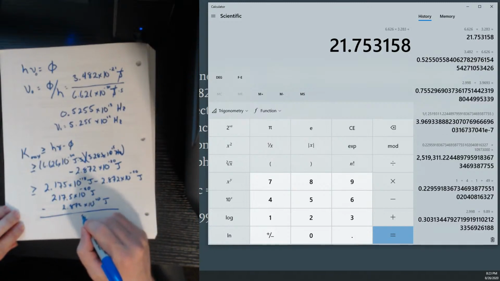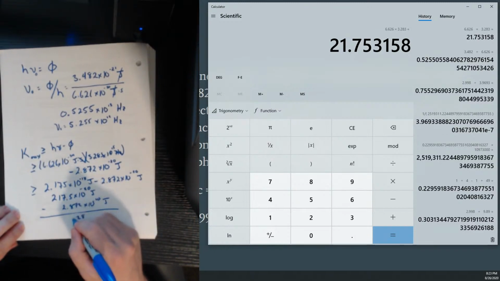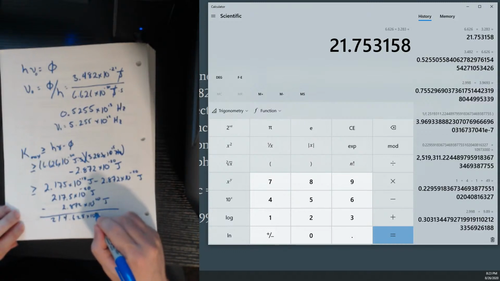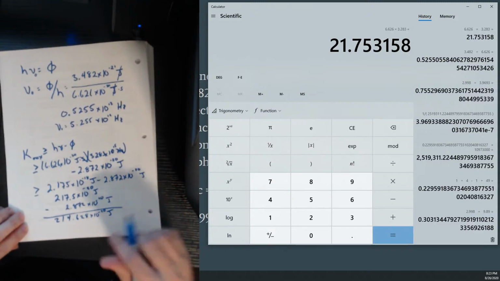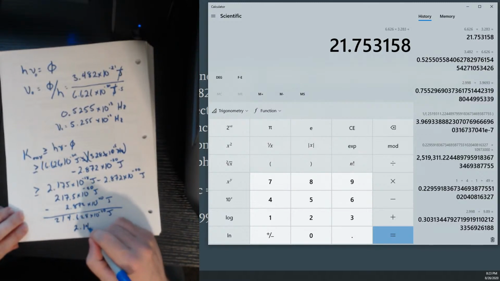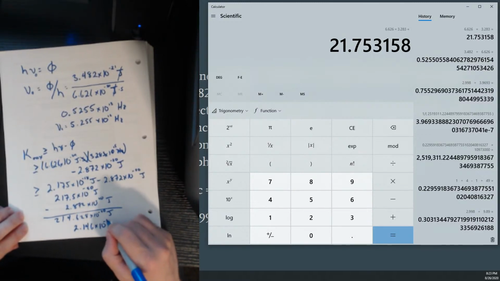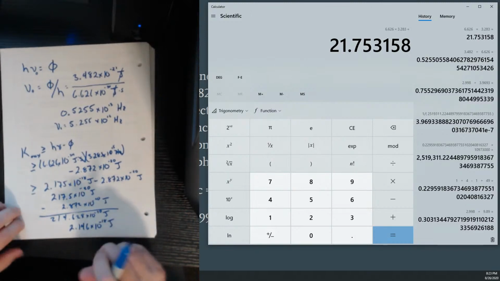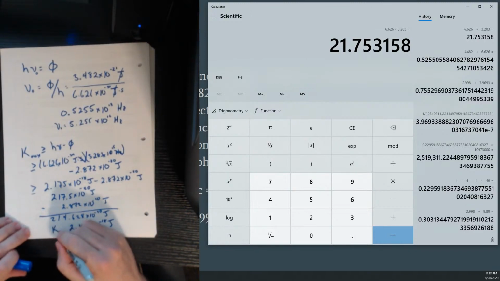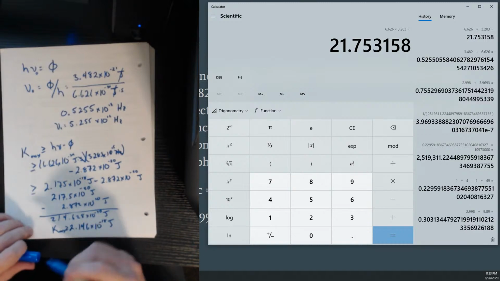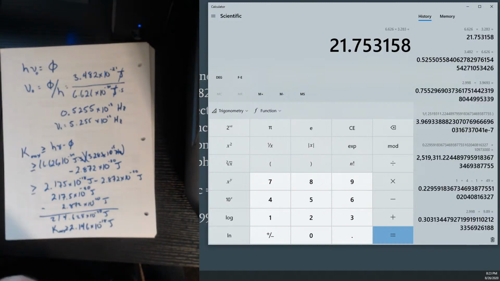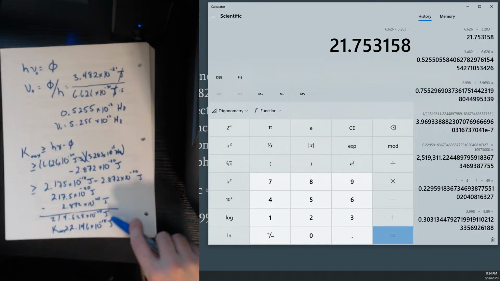So it is, let's see, 8, 2, 6, 4, 1, 2 times 10 to the negative 20th joules, or 2.146 times 10 to the negative 18th joules. Okay. So that is the energy of our electron. Not a huge difference. Okay, so that's just the answer right there.